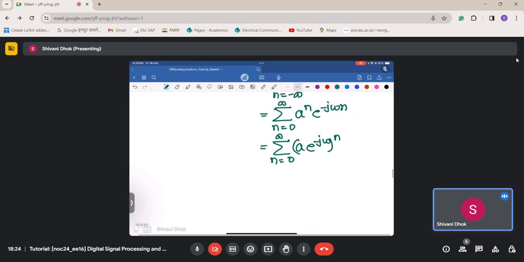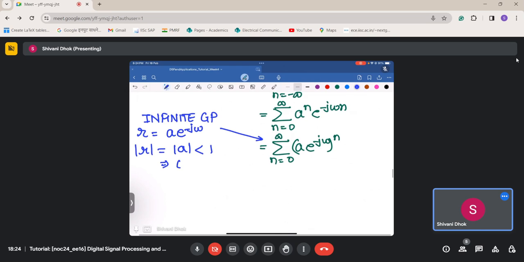Now this is an infinite geometric progression with common ratio a into e^(-j omega), and its magnitude is a, which is less than 1, and therefore it will converge.